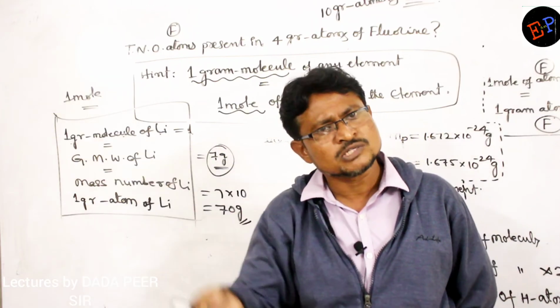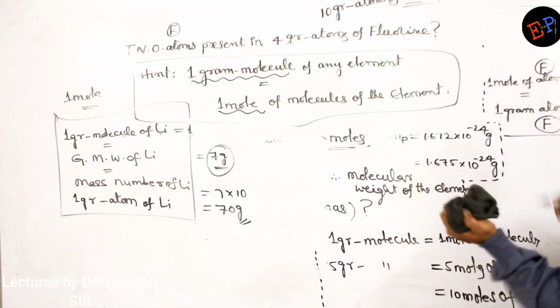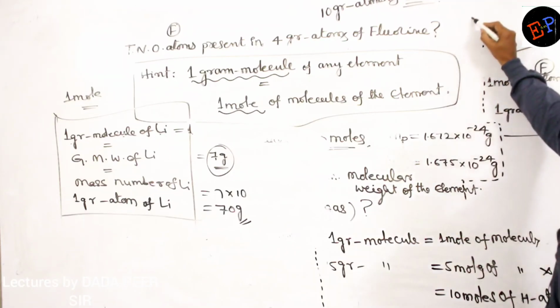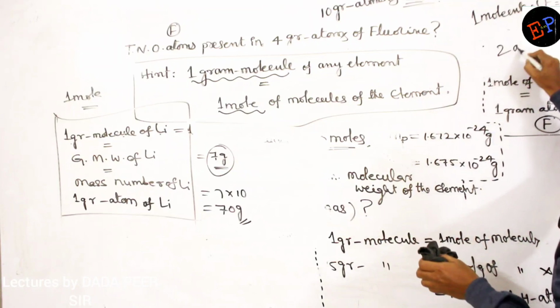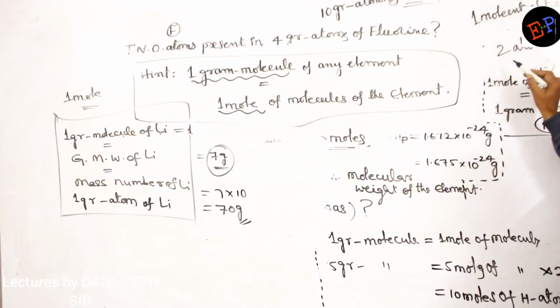10 gram molecules is equal to 10 gram atoms. For fluorine, atomicity is 2. 1 fluorine molecule consists of 2 fluorine atoms, so 1 molecule of fluorine is equal to 2 atoms of fluorine. Then 1 gram molecule of fluorine is equal to 2 gram atoms of fluorine.